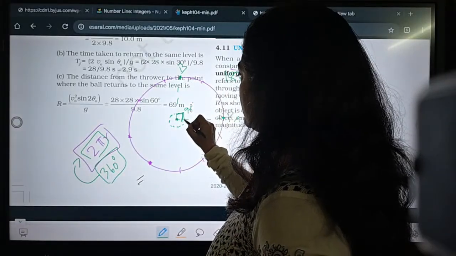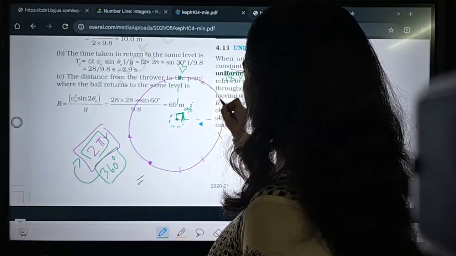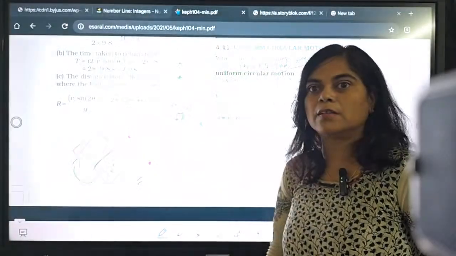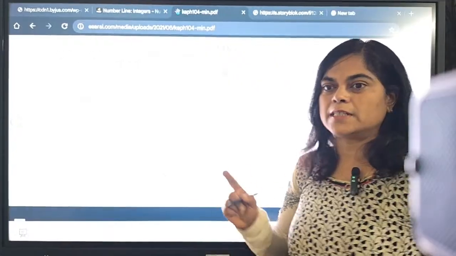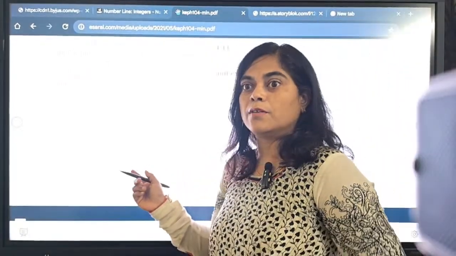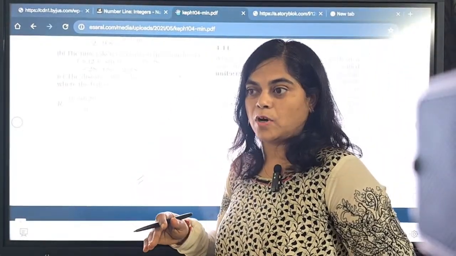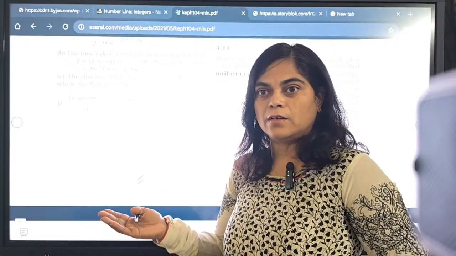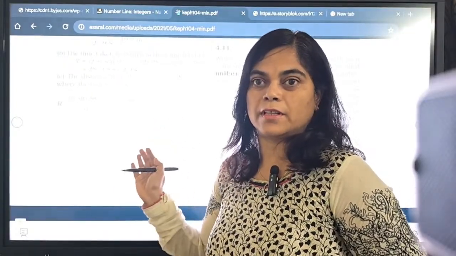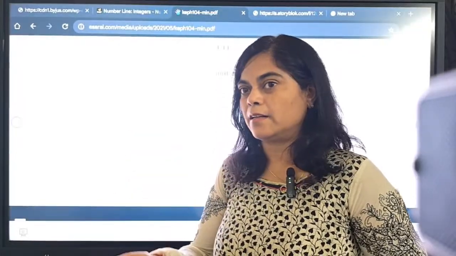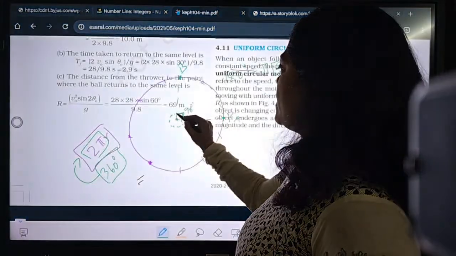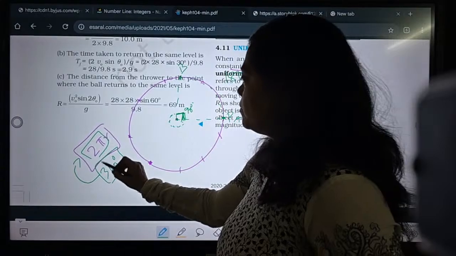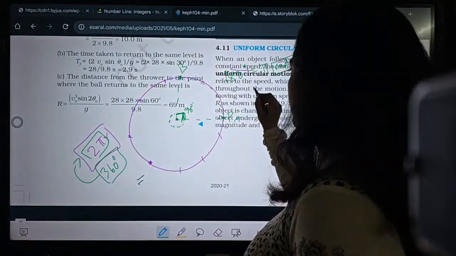So for 90 degrees, the arc length will be in radians. In the first lesson you have studied about the solid angle, the arc length and everything. I'll teach you that again, no problem. So what is given here, 90 degree means pi by 2, right?